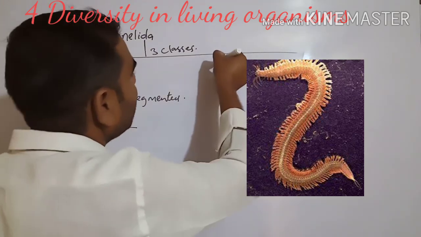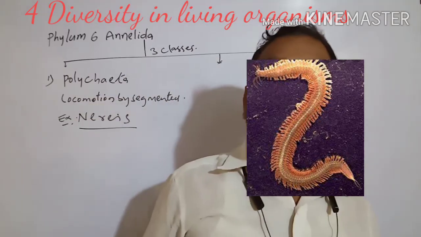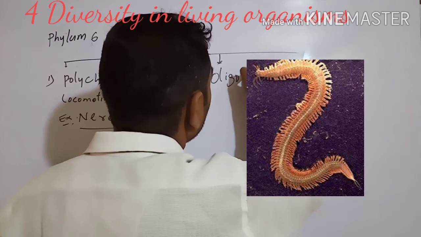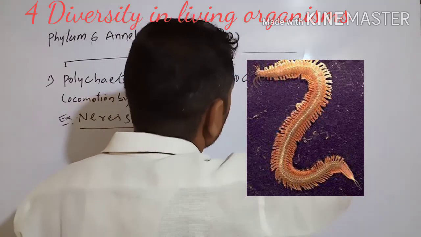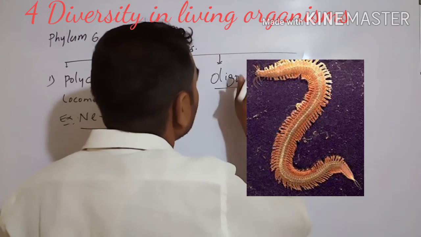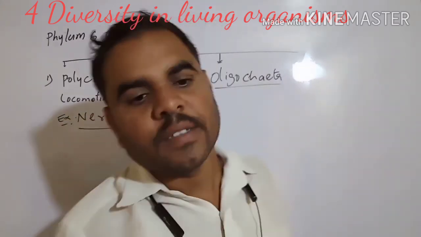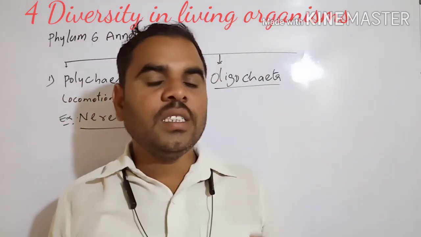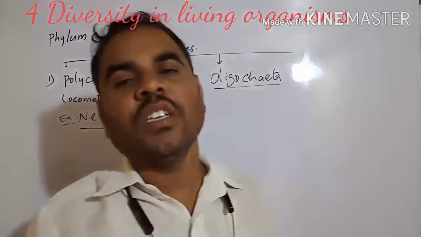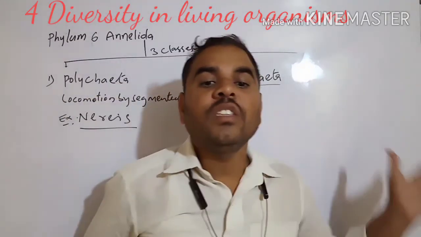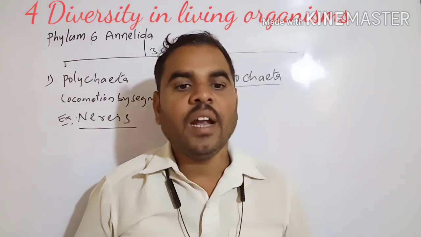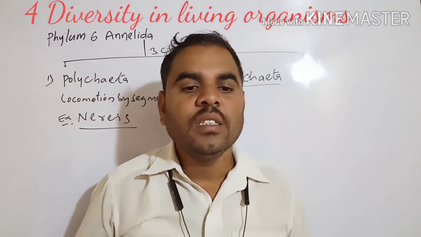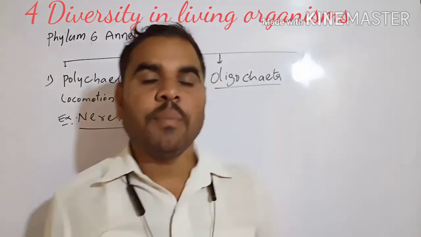Next, the second class is Oligochaeta. The body is without a distinct head, eyes, tentacles and parapodia.